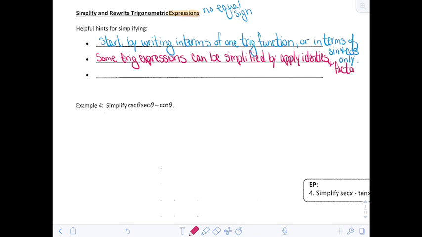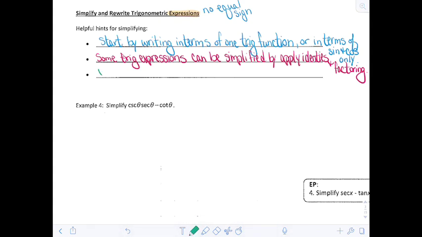Okay. So that's one option. You may just apply the identities and do some substitution, or you may be able to factor. And sometimes things will cancel when you can factor.